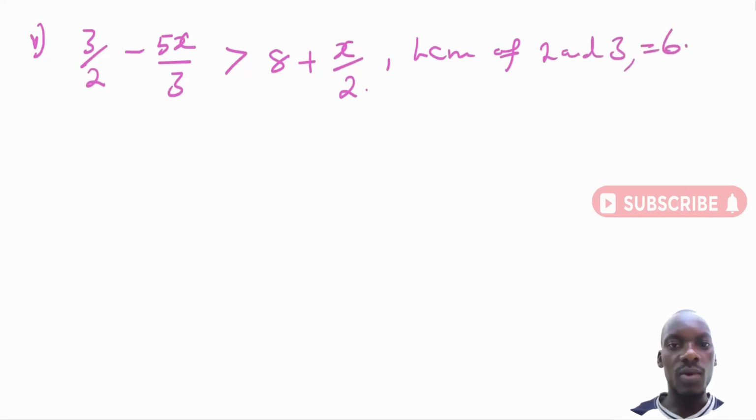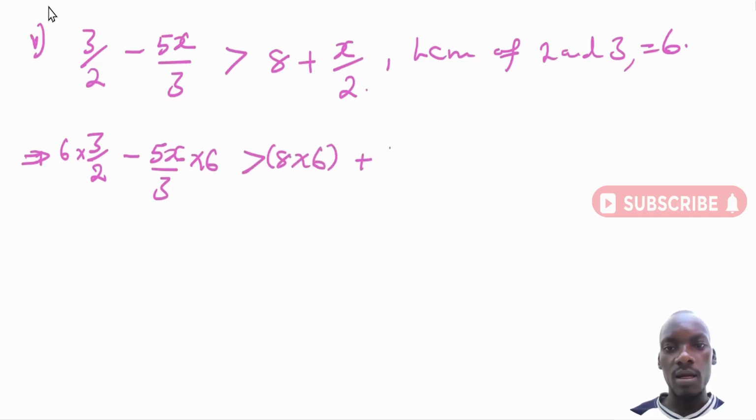So we can decide to multiply through by 6 everywhere. This is what I mean. We have 3 divided by 2, multiplied by 6, the LCM, then minus 5x divided by 3 multiplied by LCM 6 is greater than 8 multiplied by 6 plus x divided by 2 multiplied by 6.